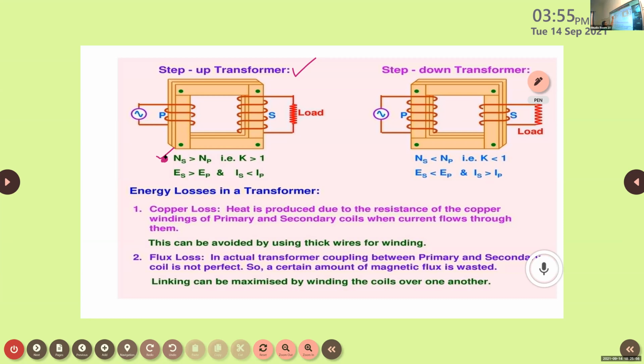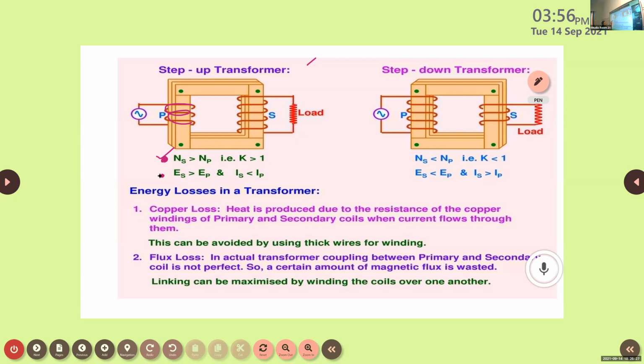Here in this figure, you can see the number of turns in the secondary is greater compared to the primary. There are only 2 turns in the primary, but you can see more turns in the secondary. So in a step-up transformer, NS is greater than NP.